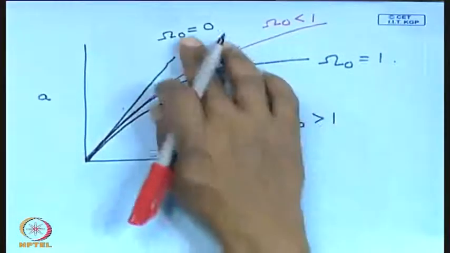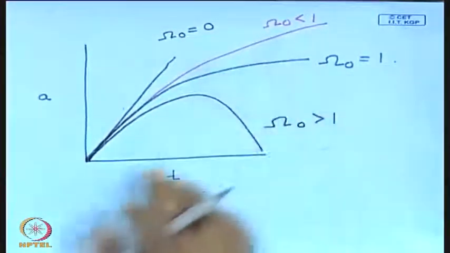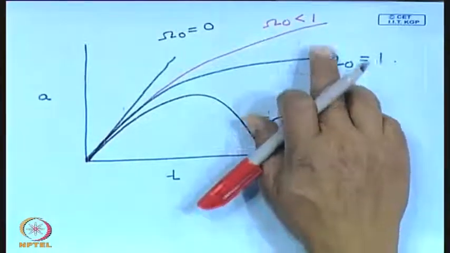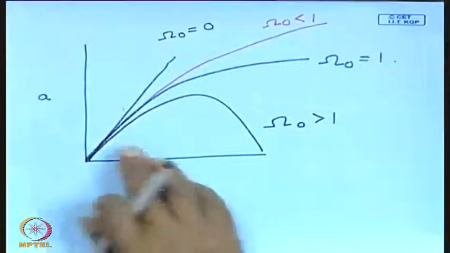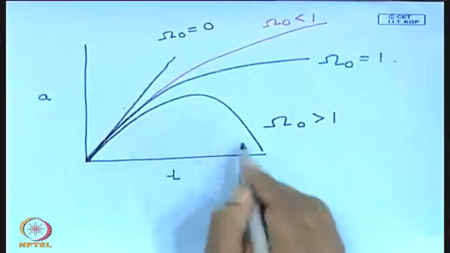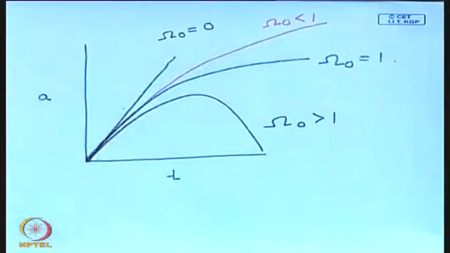All of these models will approach a free particle at infinity. This will be a free particle at rest, this will be a free particle with a finite velocity, this is a free particle to start with. I will not work out the mathematical forms of these, you can look them up or work them out yourself, but this is the broad nature of the behavior of the scale factor.